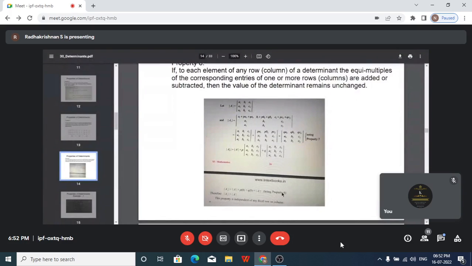The property says you can take any row and modify it as that row plus k times another row, and the determinant doesn't change. Because we already saw, if you put it as the first row plus k times the second row, we can write it as two determinants. One is the original determinant, and the second has k times the second row along with the second row, which will be 0. So the determinant value doesn't change.